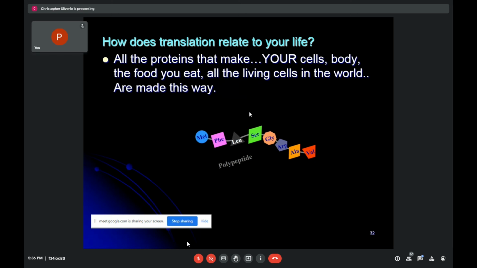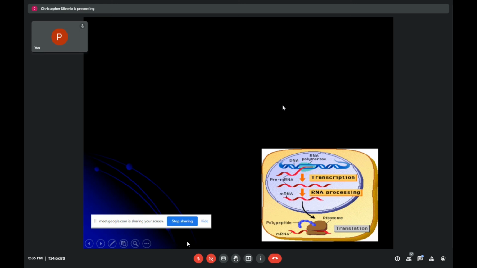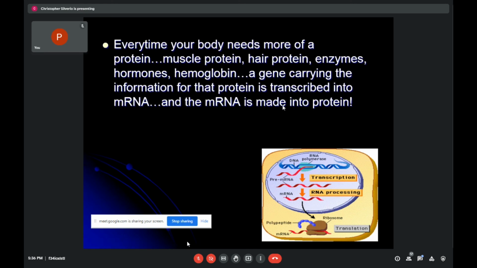This is how proteins are synthesized in our body. Okay, and this is happening now in our body.